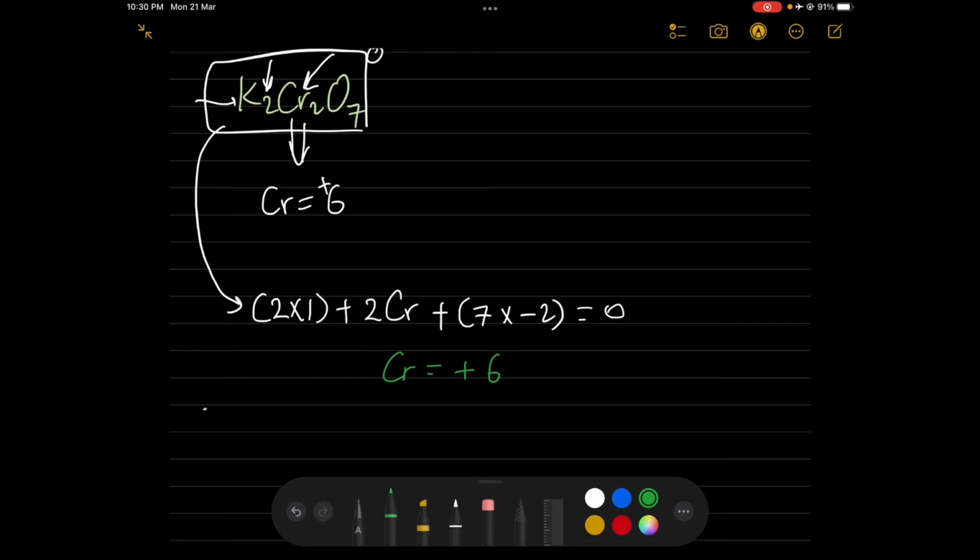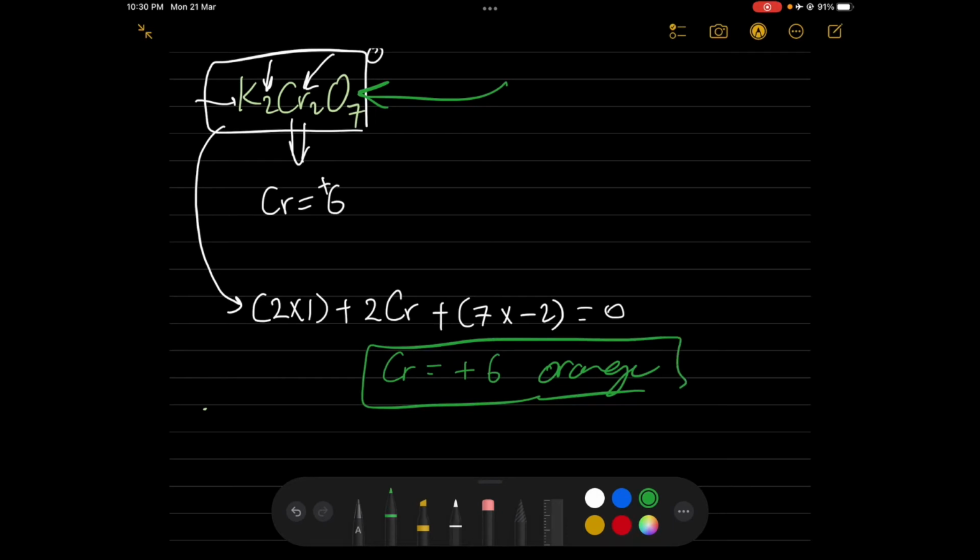Another thing to put in your mind: potassium dichromate has an orange color. The orange color belongs to chromium plus 6, which is the oxidation number. As we told you, the chromium works as an oxidizing agent, but it is being reduced.